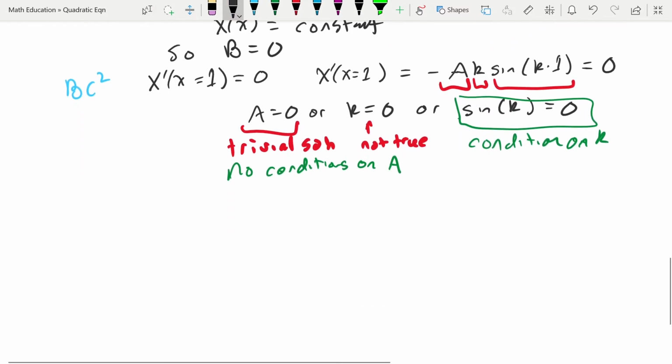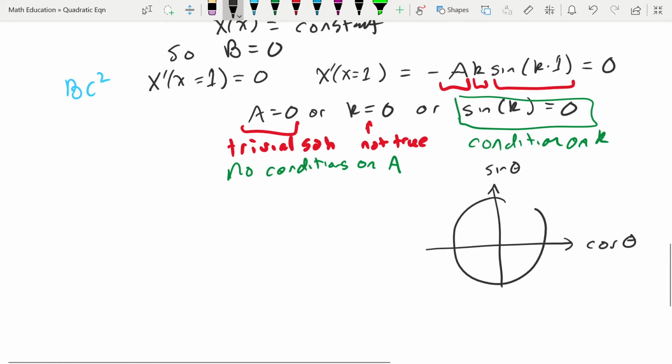So what is the sine of k is equal to 0 thing? Let's draw our little sine cosine diagram so that we can be clear about what we're doing. I'm going to set k is equal to theta. And here's a little unit circle. So the key thing is we want to know when sine of k is equal to 0.